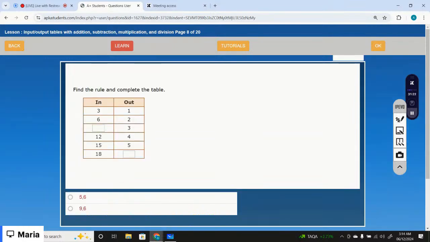Find the rule and complete the table. So which is the correct option?